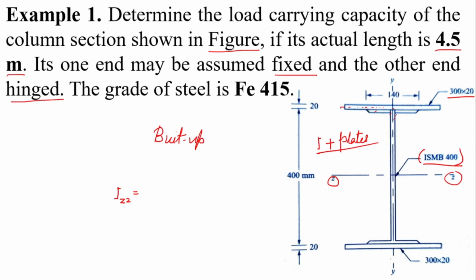So for the plates, if you see the top plate, it will be the centroidal axis of the plate. So its moment of inertia will be 300 into 20 cube by 12. This is the moment of inertia of the plate about its own axis, which is parallel to ZZ. So if I have to calculate the moment of inertia of the plate about the centroidal ZZ axis for a whole cross section, I have to follow parallel axis theorem.